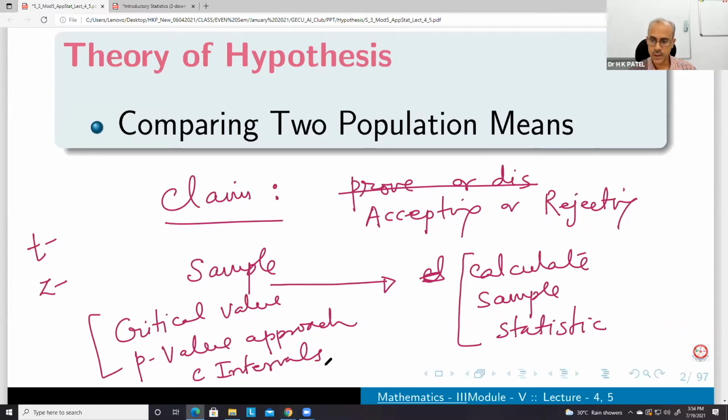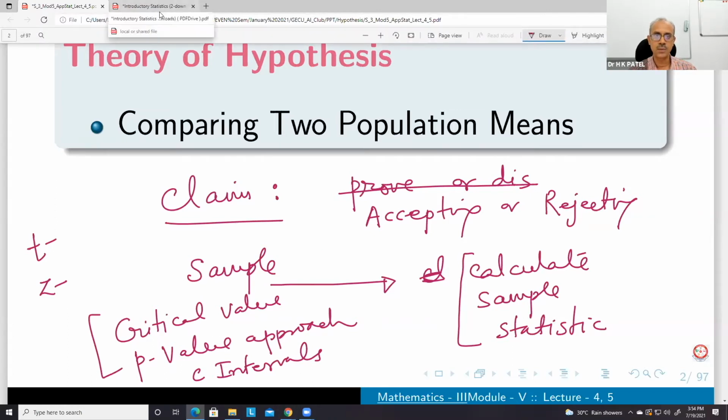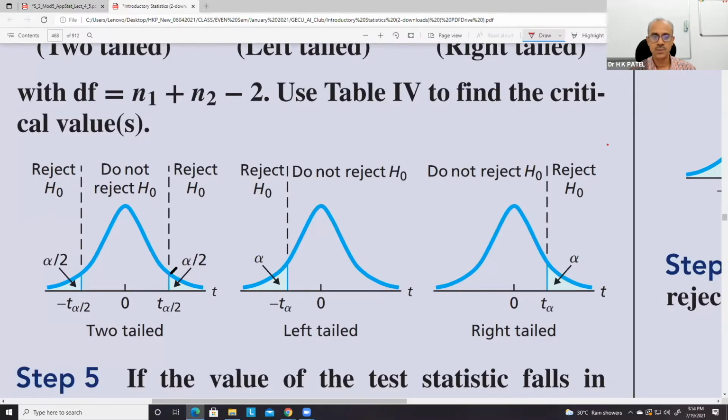and in case of hypothesis, we should always remember these three figures. In case of critical value approach, you can see this. There are three figures here: two tail, left tail, right tail. Right tail means our alternate hypothesis is, suppose this is case of two means, so mu1 greater than say mu2.